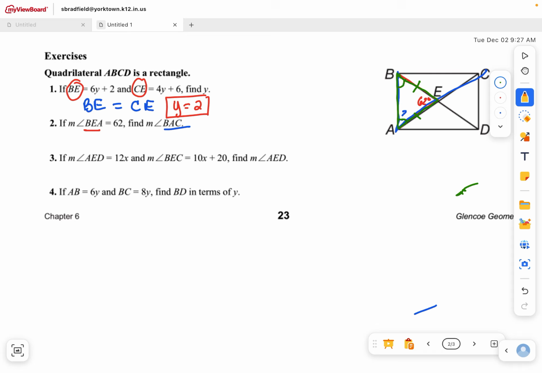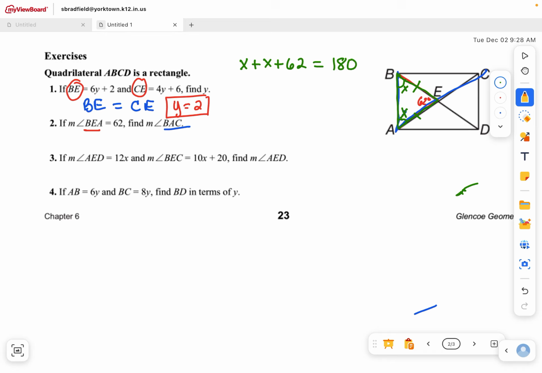So what I'm going to do is put an x here and an x here because they're the same value. So for my triangle, I have angles x, x, and 62. And I know the sum of the interior angles of a triangle is 180. So for number 2, to solve for BAC or x, I'm going to take x plus x plus 62 equals 180.